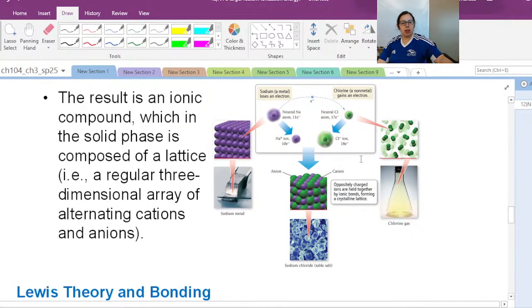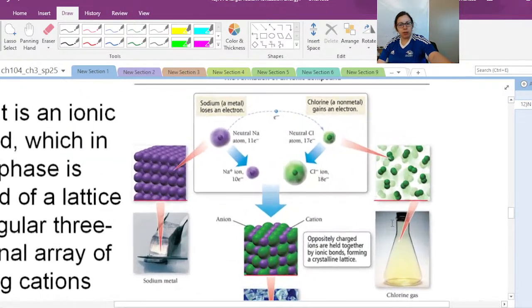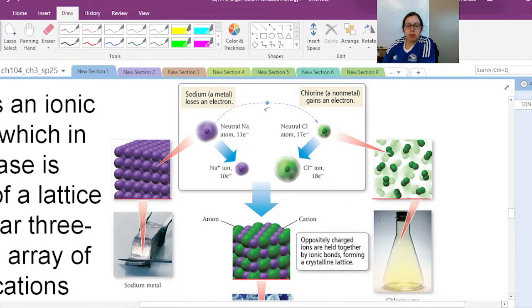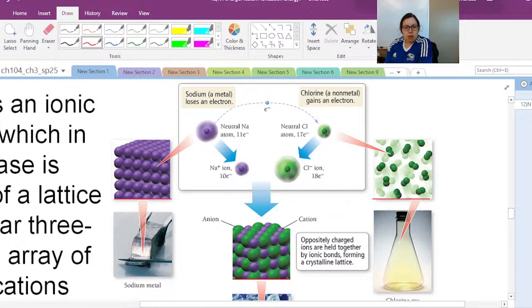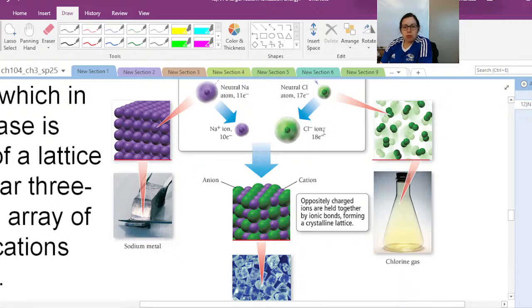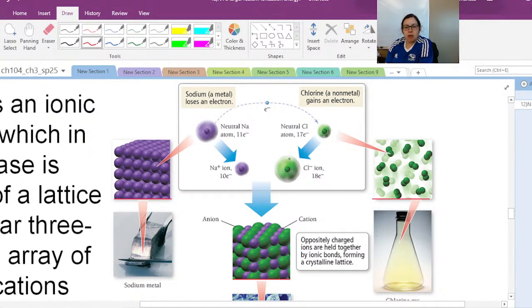And we can look at the reaction to see what it would look like in real time. We have our sodium metal. We can imagine it giving up an electron and giving it to chlorine. So then we have our chlorine gas here.